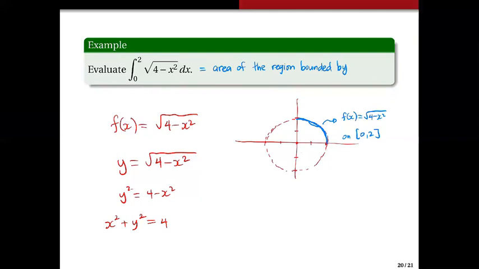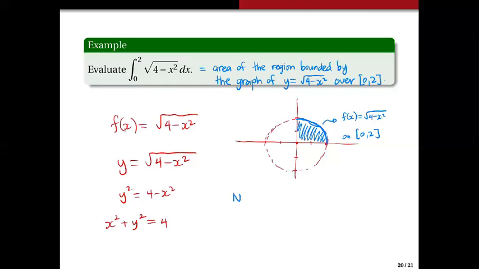So I'll just write it as the region bounded by the graph of y equals square root of 4 minus x squared over the interval 0, 2. But then again, this is a circle and we know a formula for the area of the circle.